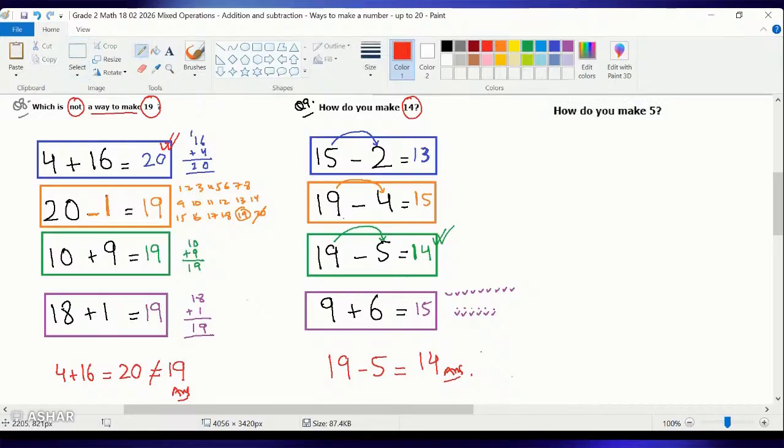And the given options for this question number 10 are 1 plus 5, 5 minus 1, 6 minus 2, and 5 minus 0.